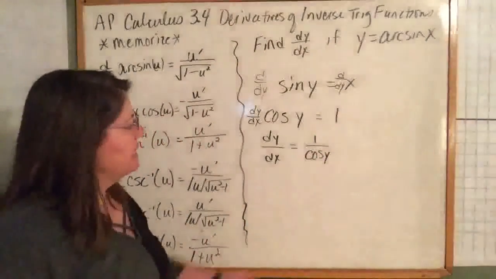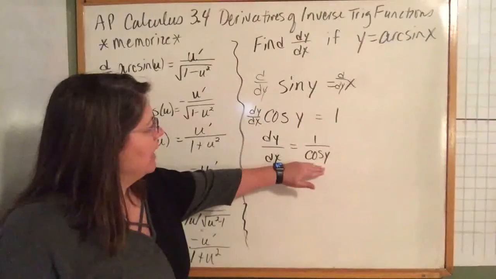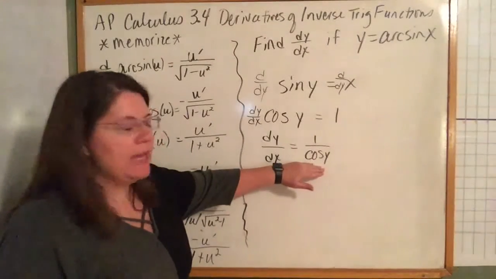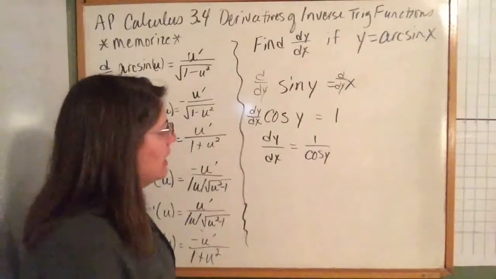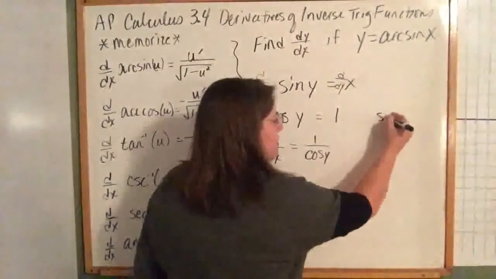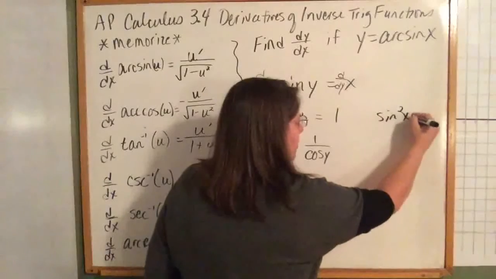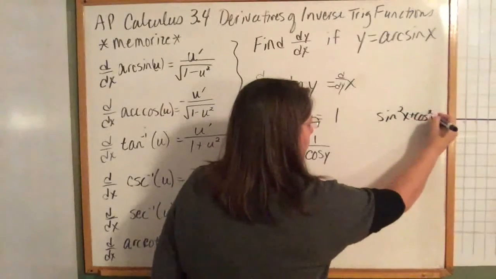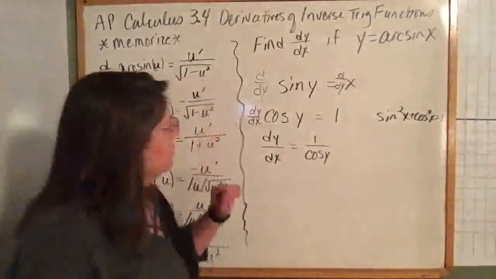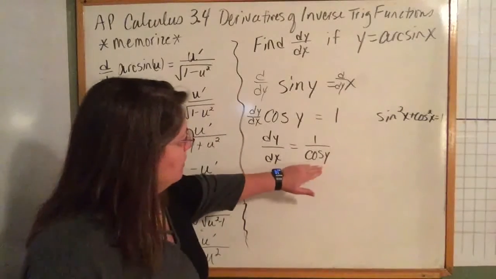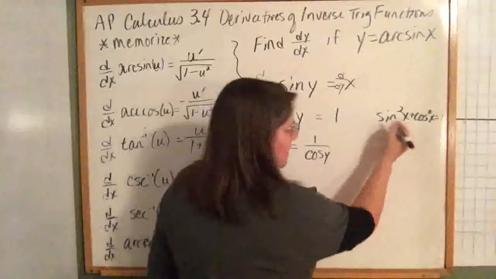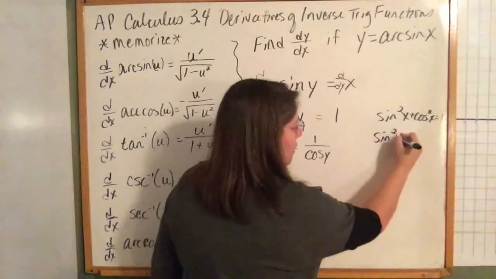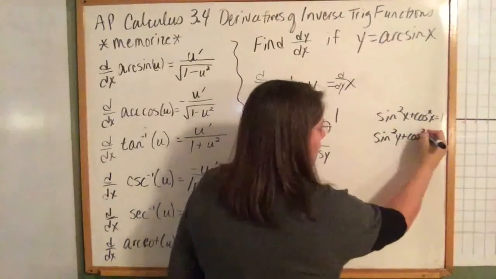And then we need to think about cosine of y. We can replace that using the trig Pythagorean identities for our trig functions. We know that sine squared x plus cosine squared x equals 1. So if this is 1 over cosine y, then that's the same thing as saying sine squared y plus cosine squared y equals 1.